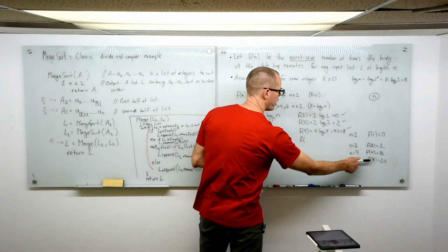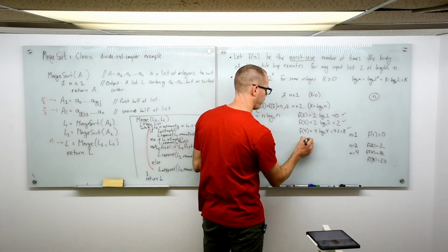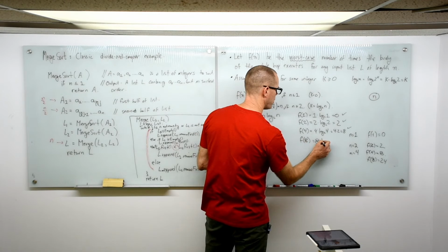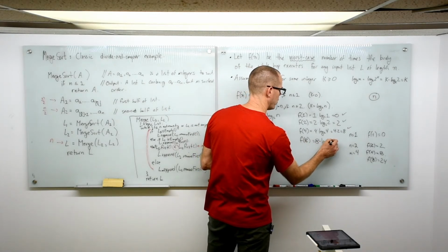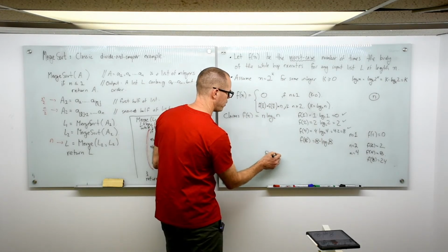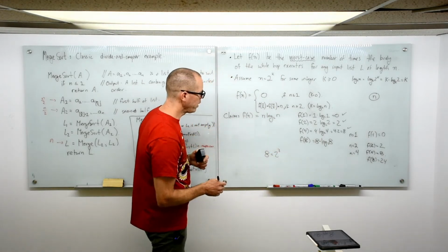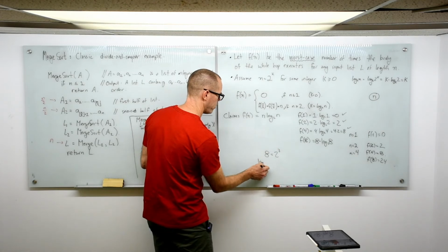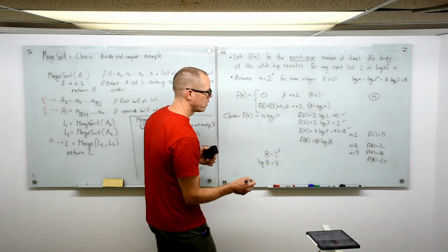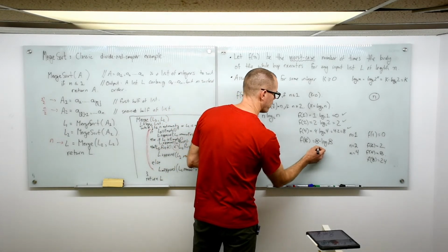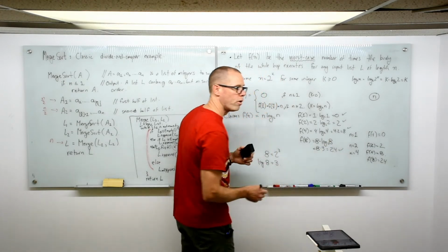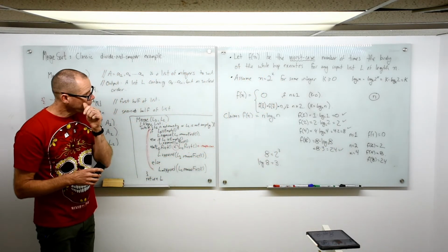And the weird looking one out of all of these was f of 8. Well, that should be equal to 8 times log base 2 of 8. And 8 equals 2 to the power 3. So the log of 8 is equal to 3. So f of 8 should be equal to 8 times 3, which is indeed the 24 that we got. So that checks out.